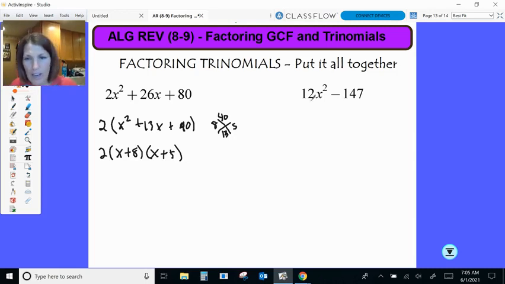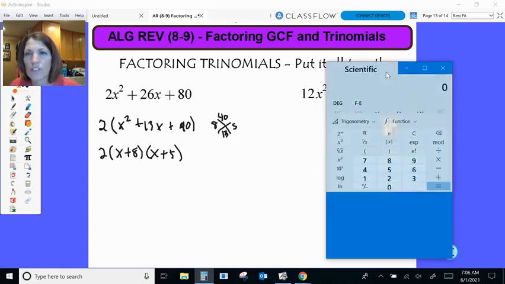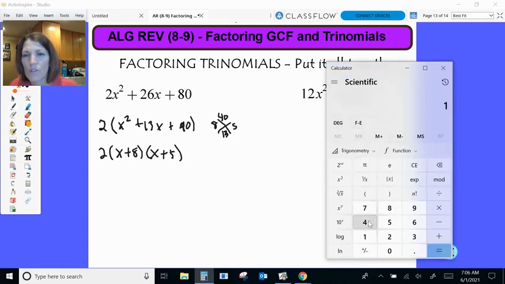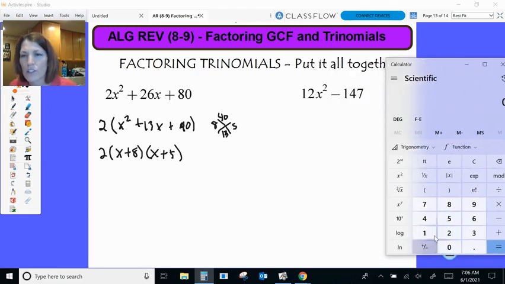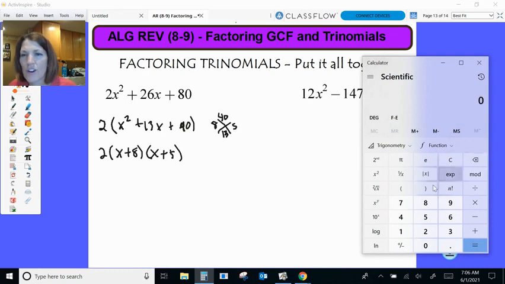Okay, let's look over here. Let's see, does 12 go into 147? That's the question we have right here. So let's go 147 divided by 12. Not quite. So how about 147 divided by 4? I have suspicions this might be a perfect square. Oh, shoot.